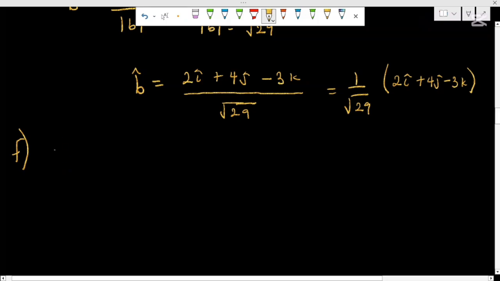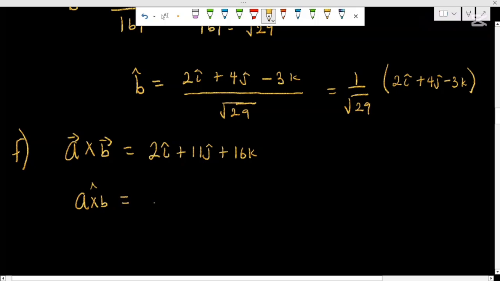So we already know that A cross B is equal to 2I plus 11J plus 16K, right? And our unit vector formula is given by A cross B caret is equal to the cross product of the vector itself over the magnitude of the vector.